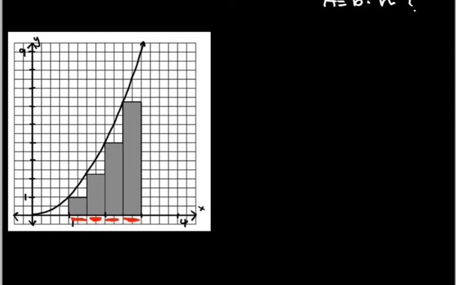And then going up and down like this is going to be our height. So what are some things we notice about this? For the bases, that's a bit easier to see first of all. For the base, they are all equal to 1/2 or 0.5.